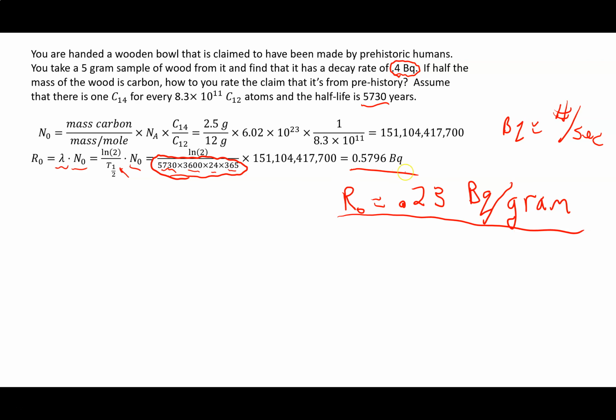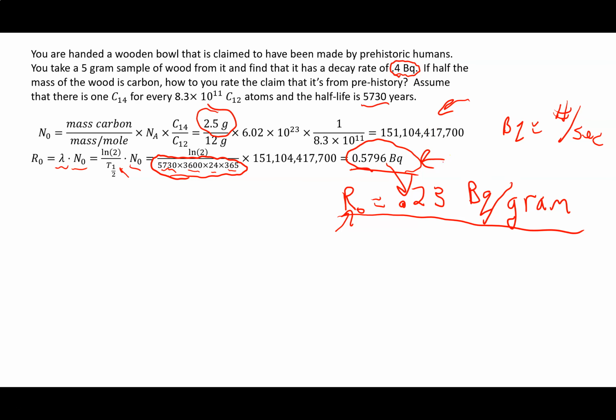But notice that if you take the number I have here and divide it by 2.5, because I have 2.5 grams of wood, you're going to get that number. I just show you this to show that it's not a big deal to start a little further back and deal with the quantity of wood you have. On the exam, maybe I'll just give you this. I haven't decided yet, but you should feel comfortable with both ways.